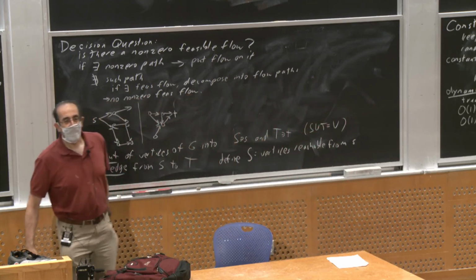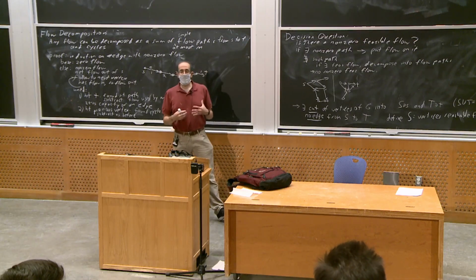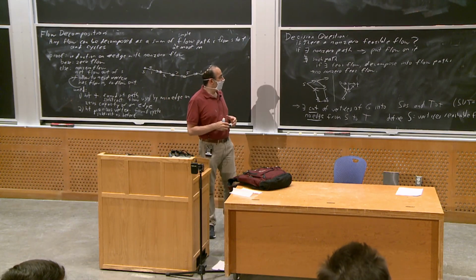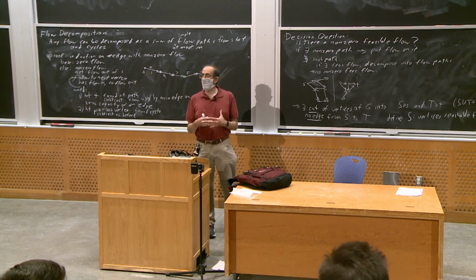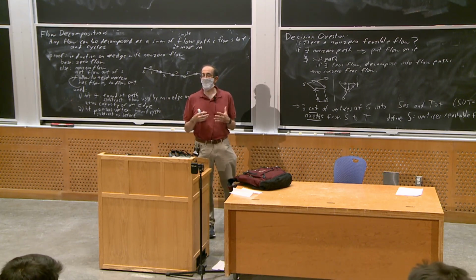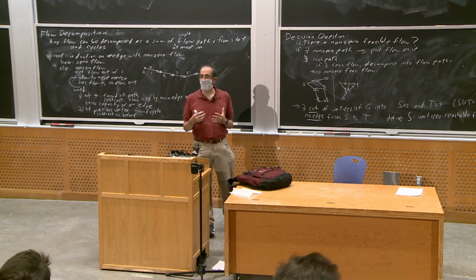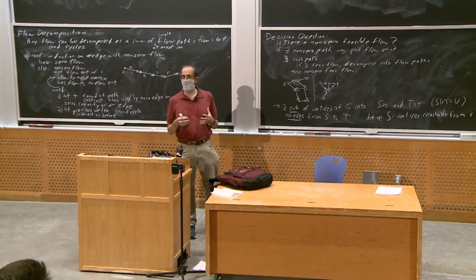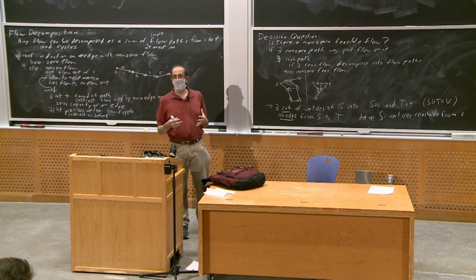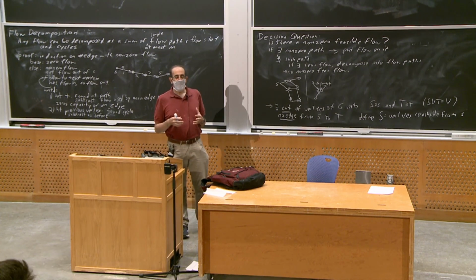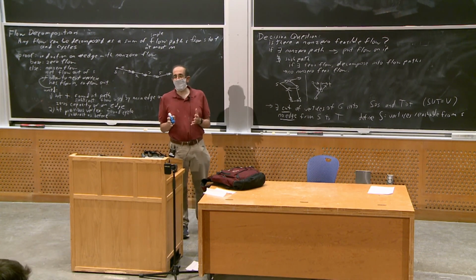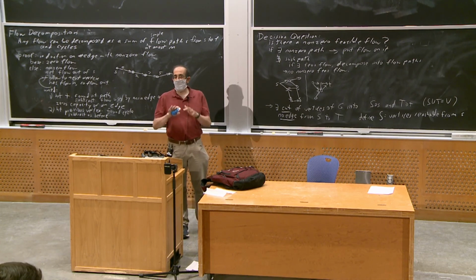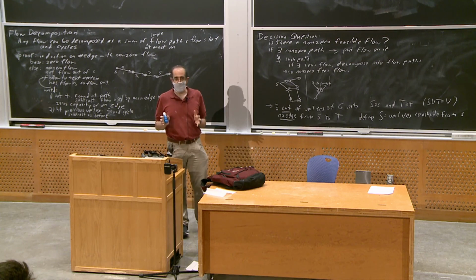By definition, this set cannot include T, because if it did, then you would have a path from S to T, and you would have a feasible flow. So there's a set of vertices reachable from the source, which does not include T, and there can't be any edges leaving that set S. If there were edges leaving the set S, then their other endpoint would also be in the set S.